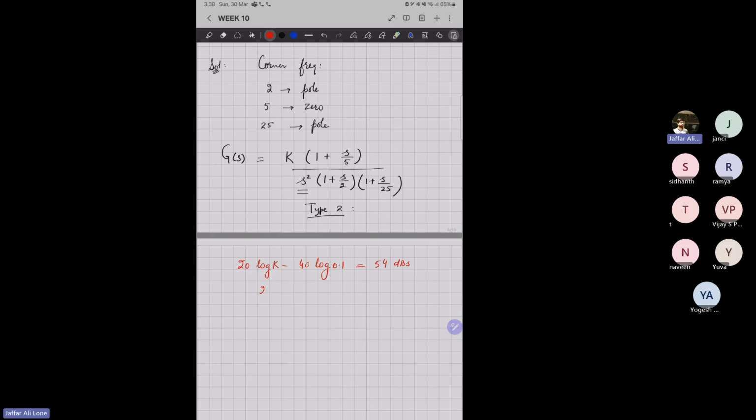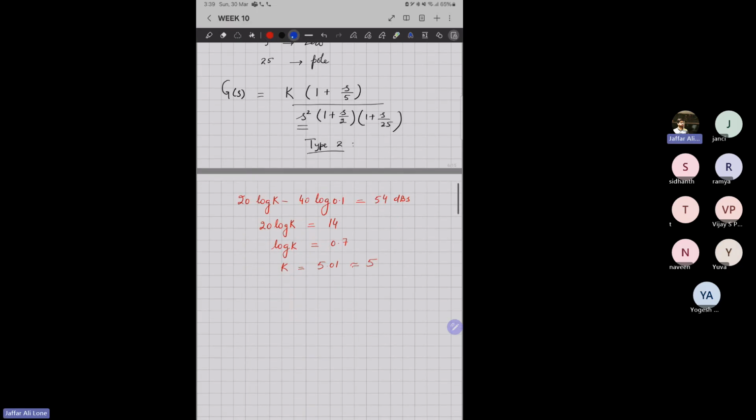So then this 20 log of k, it will be 40. 40 will go here, so it will be 14 dBs. Then log of k will be 14 over 20. That will be 0.7. And k will be 5.01, which is roughly equal to 5.